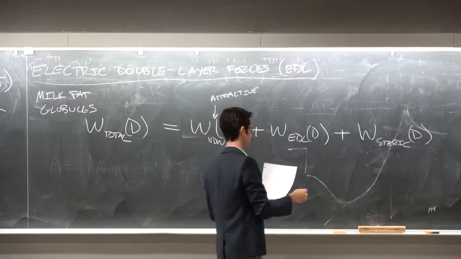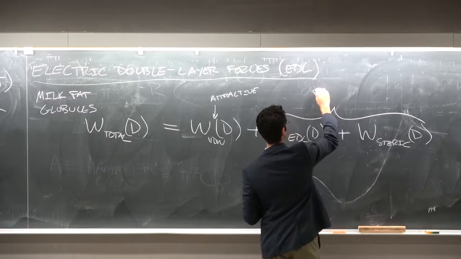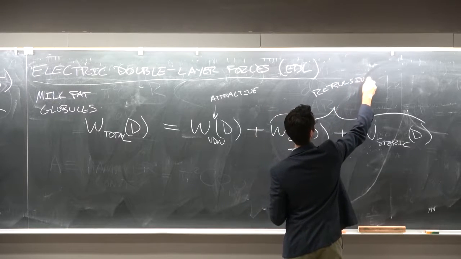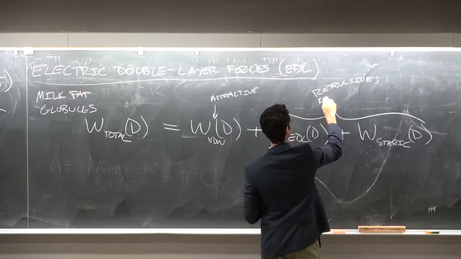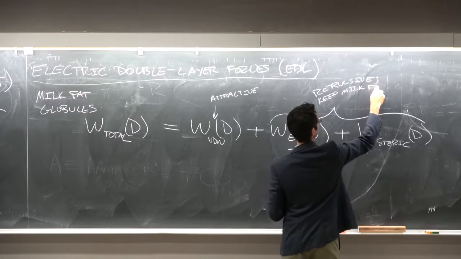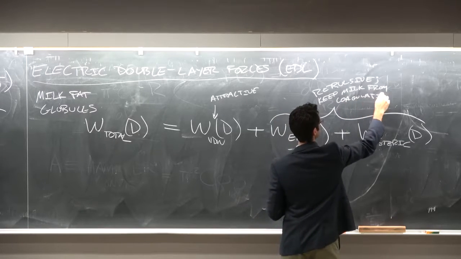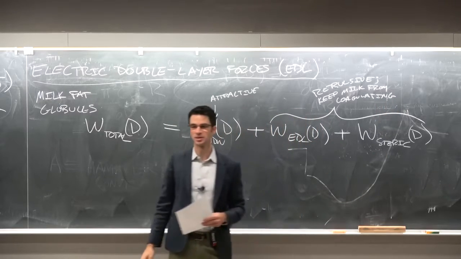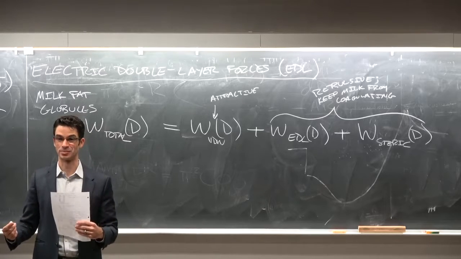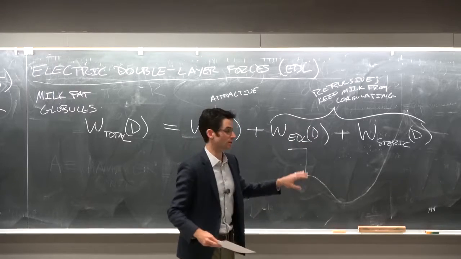The other two are repulsive and keep milk from coagulating. Doesn't work for skim milk because it doesn't have any fat in it. Proteins are kept stable by electric double layer forces alone.